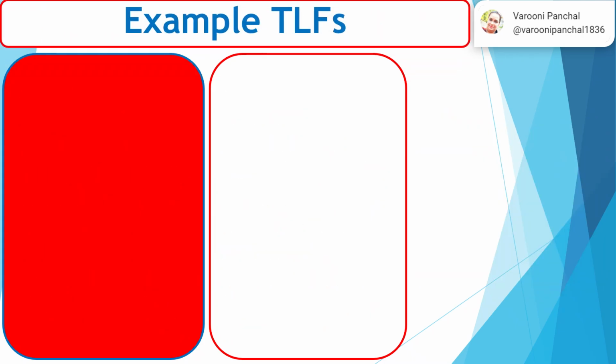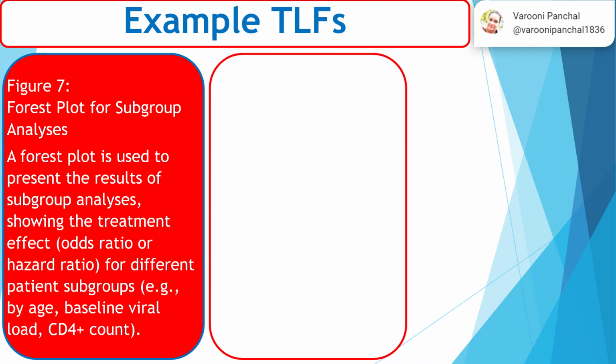Figure 7. Forest plot for subgroup analyses. A forest plot is used to present the results of subgroup analyses, showing the treatment effect, odds ratio or hazard ratio, for different patient subgroups, e.g., by age, baseline viral load, CD4 plus count.